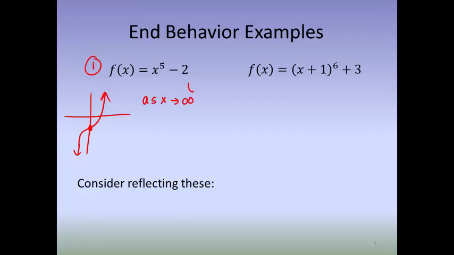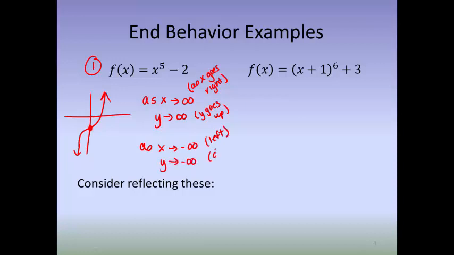Now what I just said was as x goes to the right, y goes to positive infinity. That's saying y goes up. Now we go the other direction. As x goes to negative infinity, which means left, y is going down. That means negative infinity. So this is the end behavior.